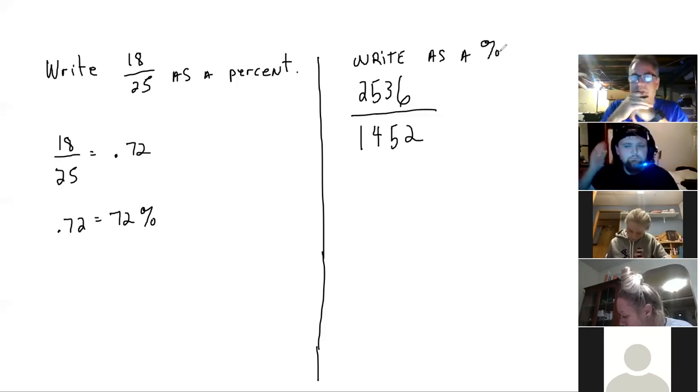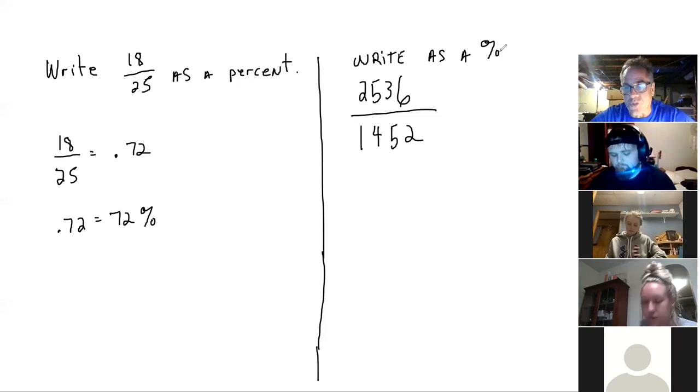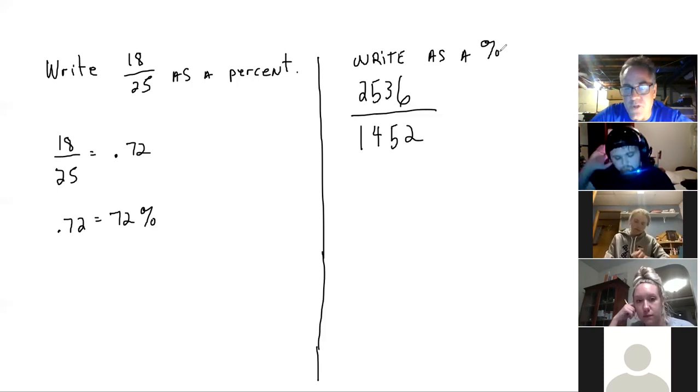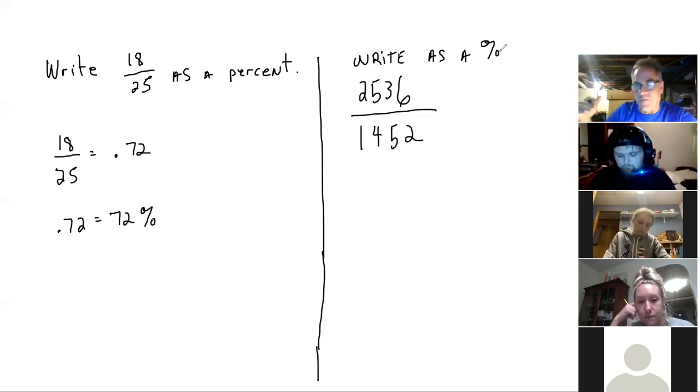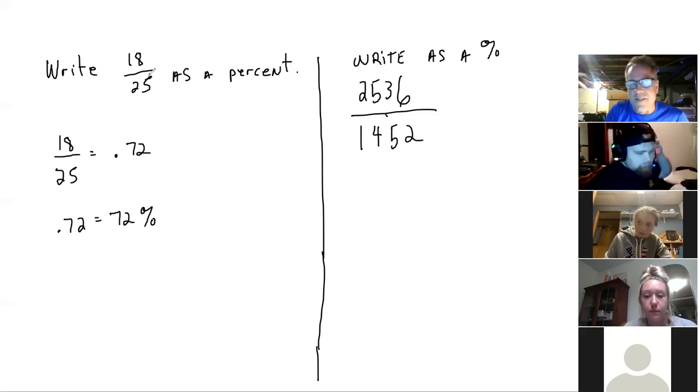Calculation will not change. Now, when you see that top is bigger than the bottom, first off, your answer is over 100%. You're at 100% when the top and bottom of a fraction are the same. That's 100%.